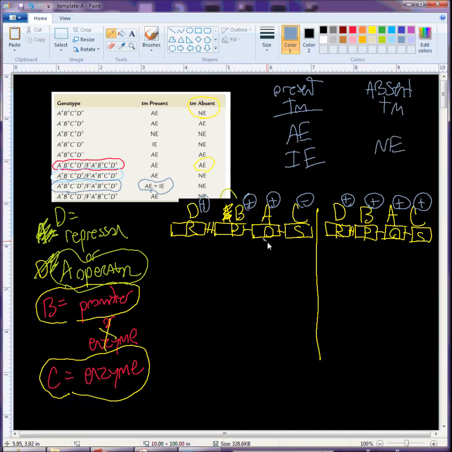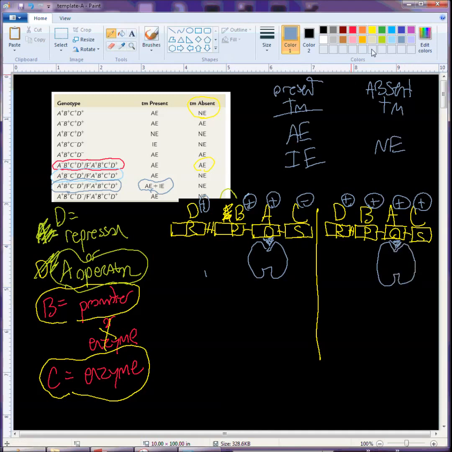Well, okay, A is normal, the operator is normal in both cases, so we're going to put the repressor binding site here. Let's do the theoretical molecule absent first. So when the theoretical molecule is absent, the repressor is going to be bound in both cases here.